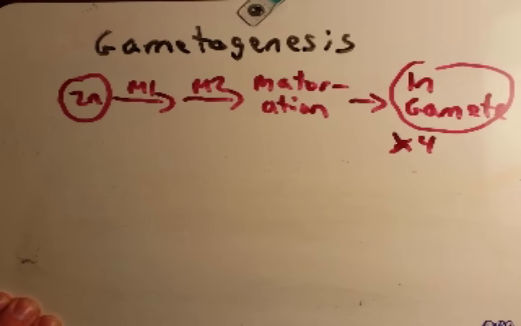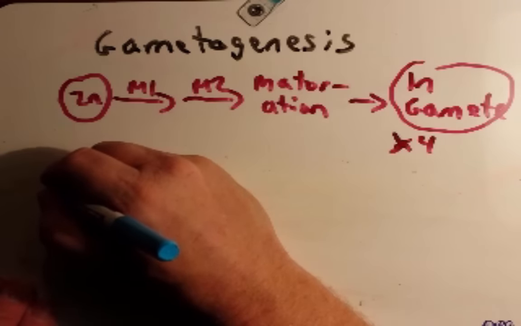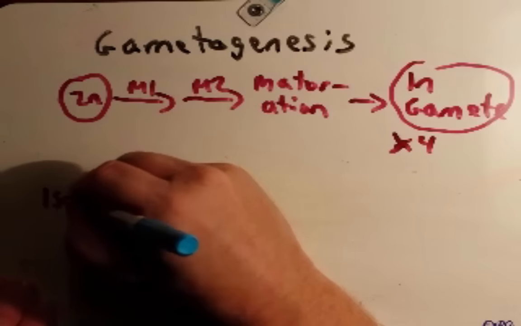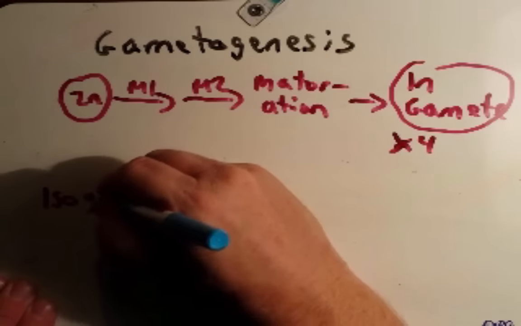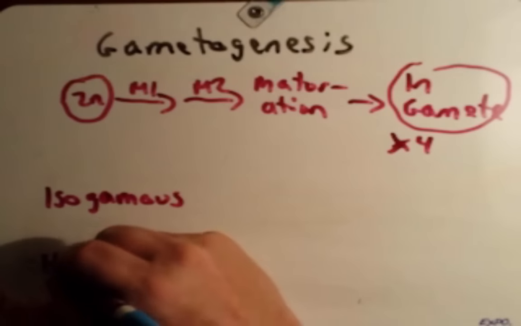So let's think about the gametes that can be created. We can define them into one of 2 categories. They could be isogamous, or they could be heterogamous.